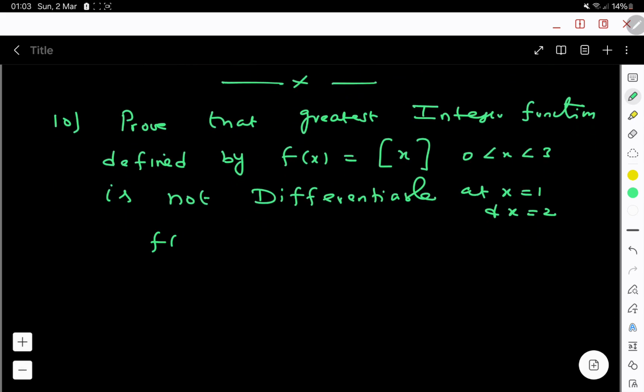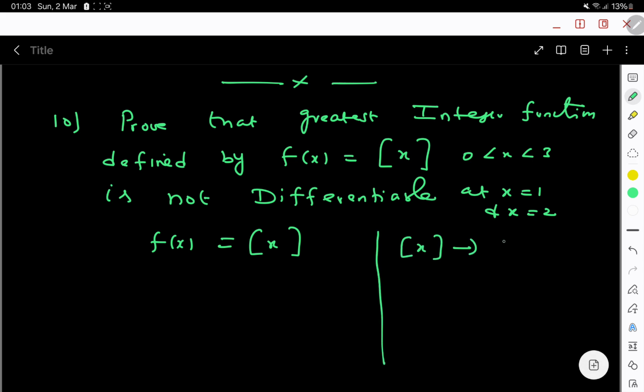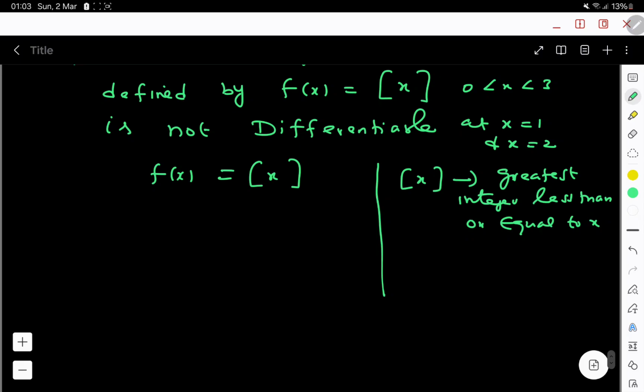Given f of x is the greatest integer function. Okay, the greatest integer function means it is the greatest integer less than or equal to x. For example, I am taking the greatest integer of 2.5.